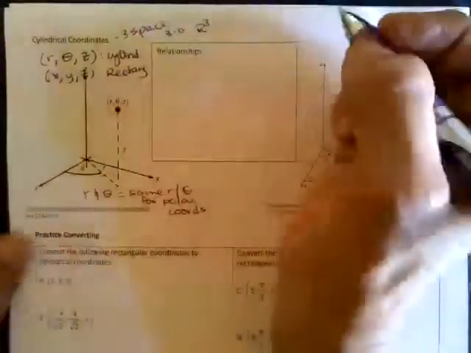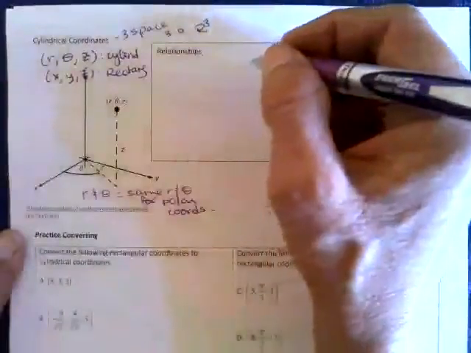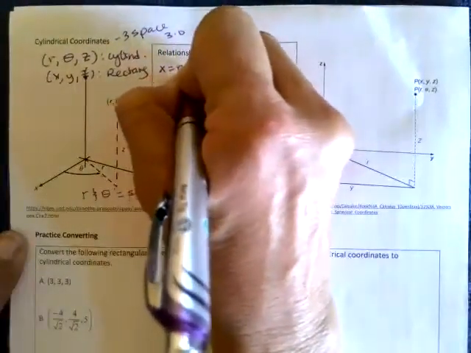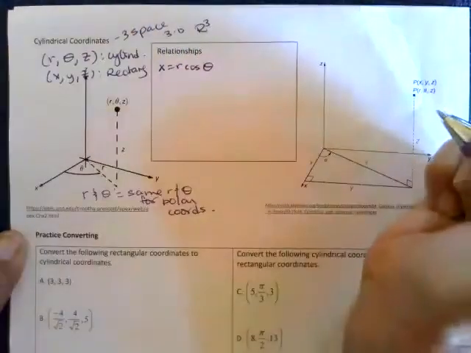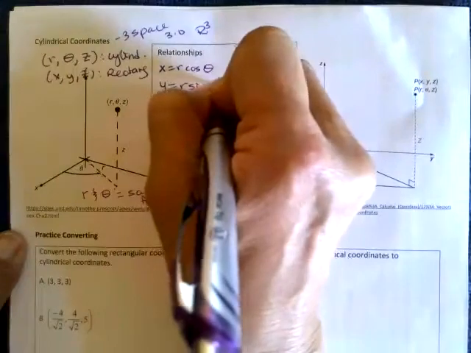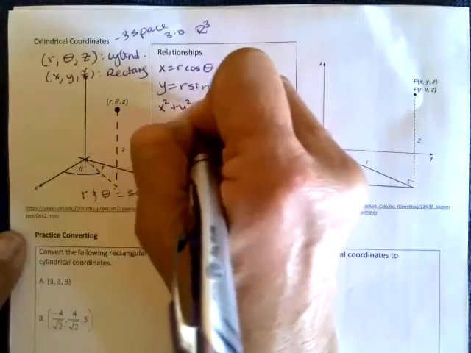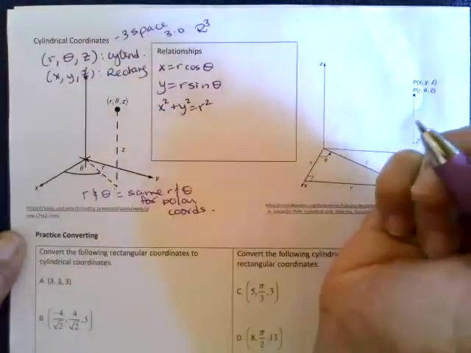So the relationship between R, theta, Z and X, Y, Z: X is R cos theta, same thing. Y is R sine theta, same thing as polar. X squared plus y squared equals r squared, same as polar.